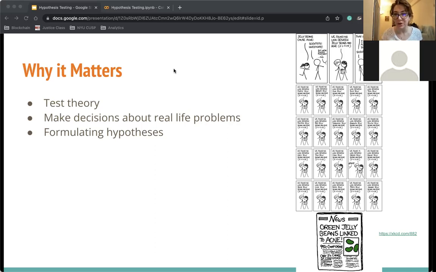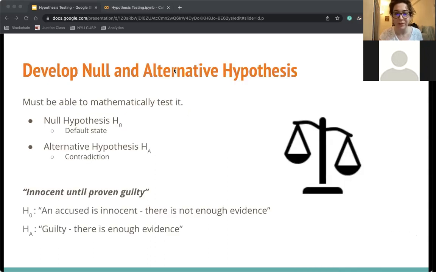But we always need to start with this falsifiable sense of, there is no relationship, and we build from there. And that will be consistent with every hypothesis test we use. Always you start with this state of innocent until proven guilty, and we are just finding evidence to try to make this accused person guilty in a sense.